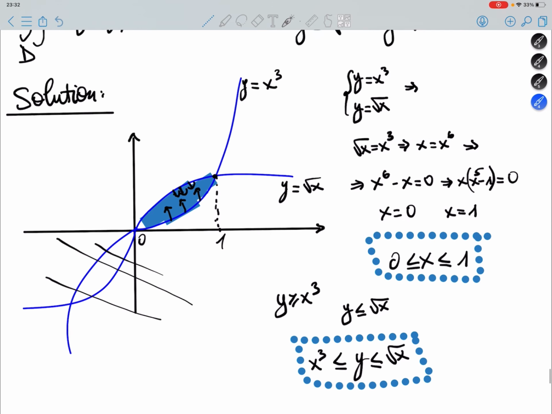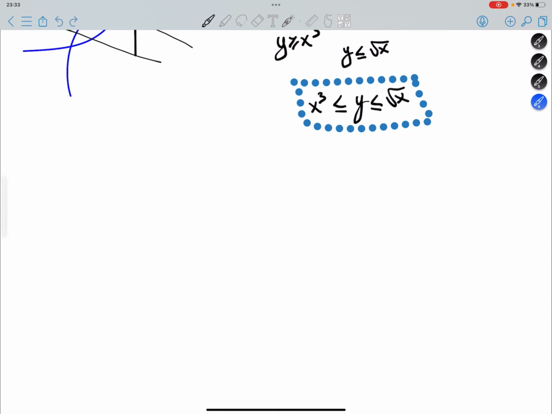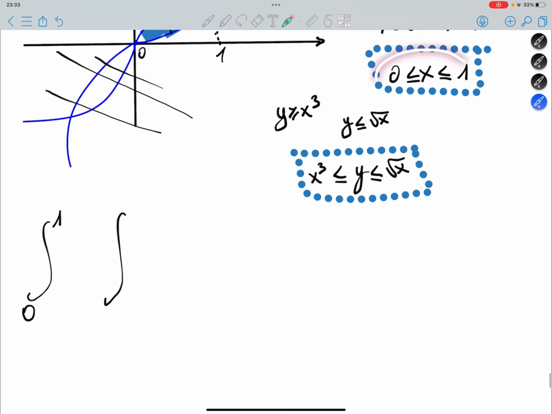So now we can write our double integral. This is the double integral from 0 to 1, since x goes from 0 to 1.